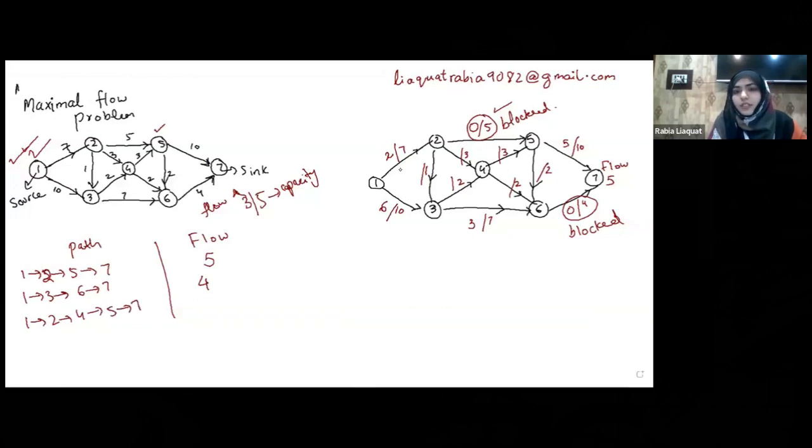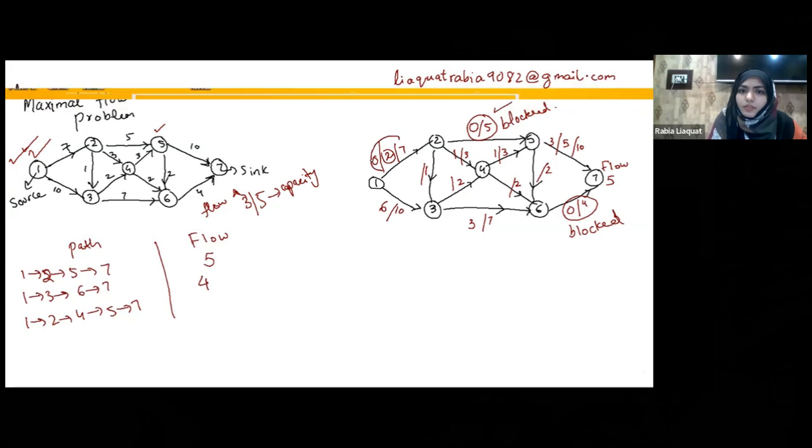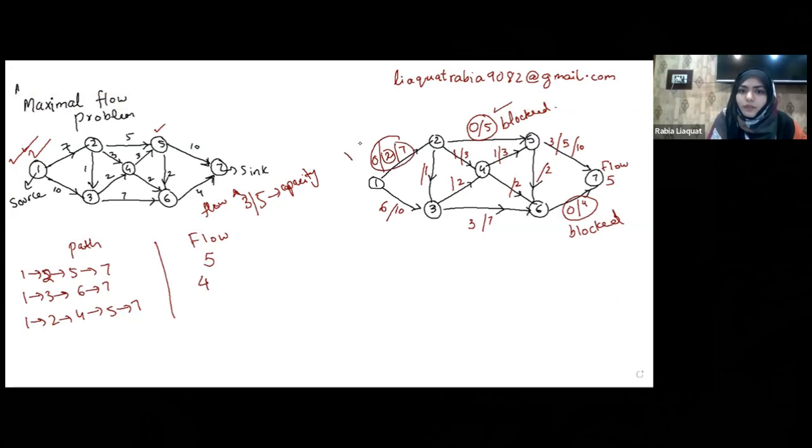So what is the shortest capacity? The shortest capacity here is 2. So 0, 3 minus 2 is 1, 3 minus 2 is 1. And then 5 to 7 means 5 minus 2, 3. So this will be blocked because here 0 comes.